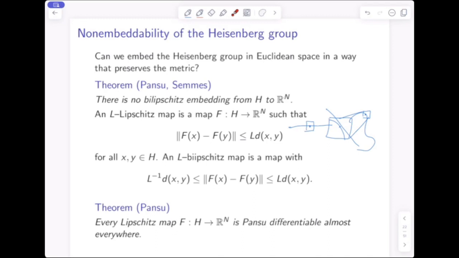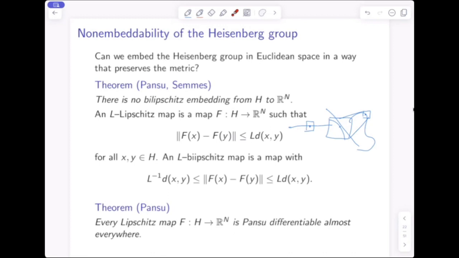Because the Heisenberg group is non-commutative and Rn is commutative, maps that preserve the group structure can't be injective. There aren't that many maps that preserve the group structure.